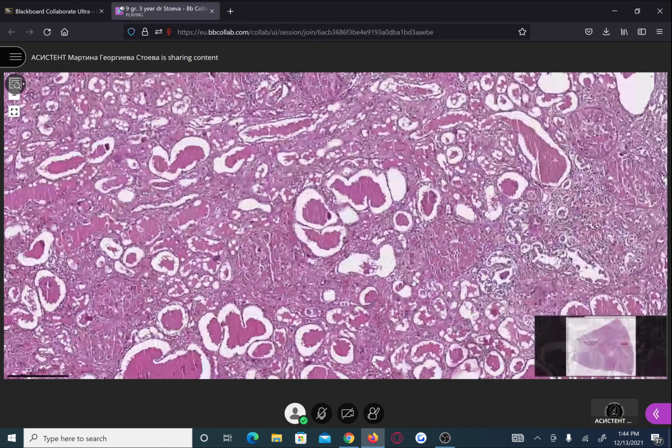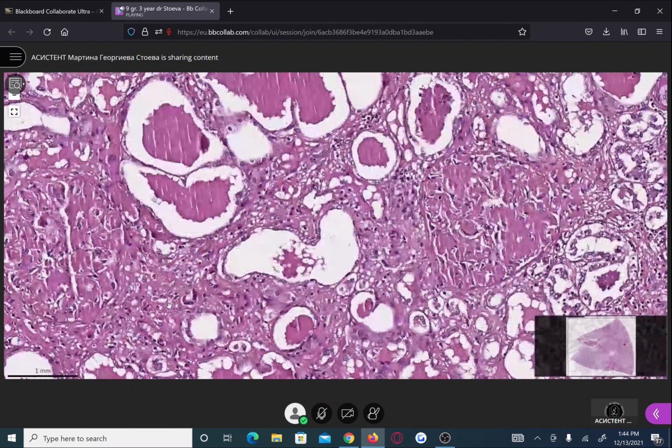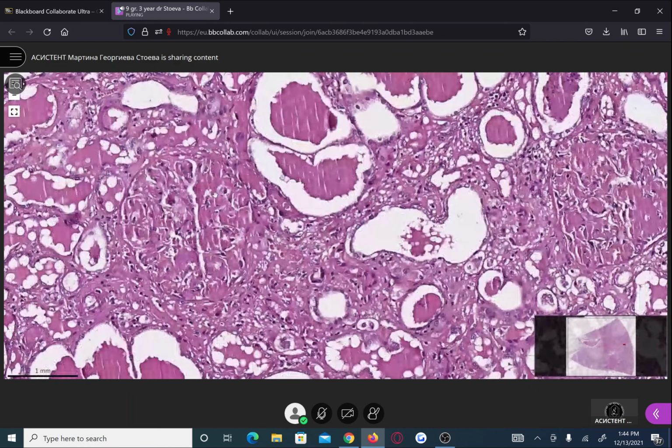Here, the glomeruli are enlarged. Of course, if we use the Congo red staining, these deposits will be stained dark orange again. If we use the light microscope with polarized light, as I mentioned, it will be apple green.